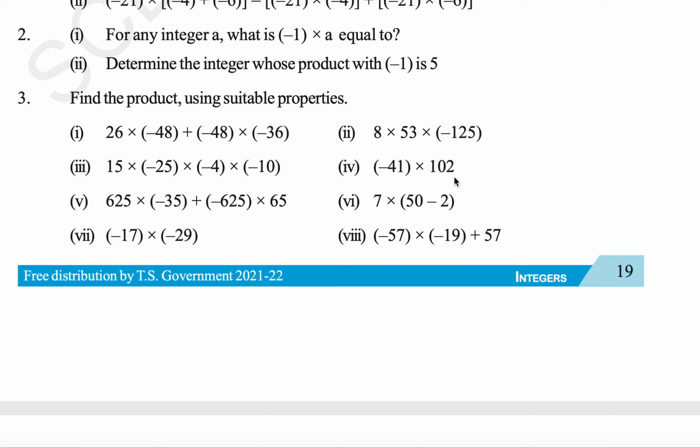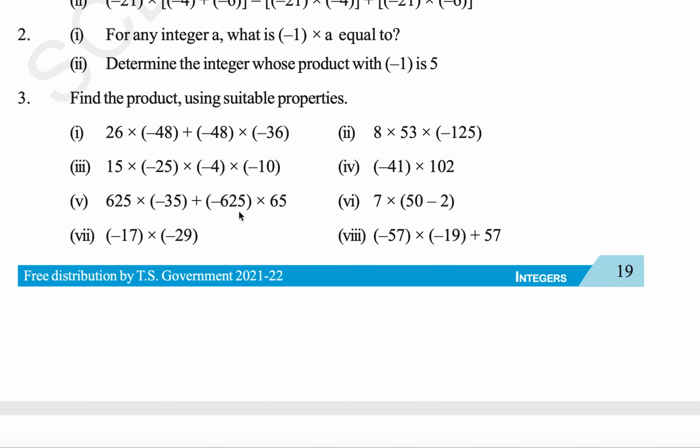Here you can write it as 100 plus 2, so 4100 plus 82, which is 4182, minus 4182. You can take 625 common in this case. 65 minus 35 is 30.